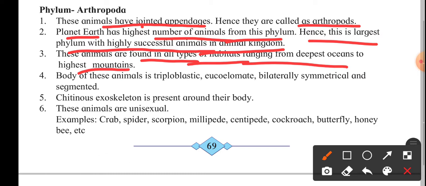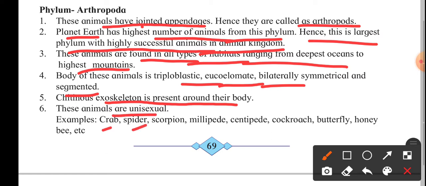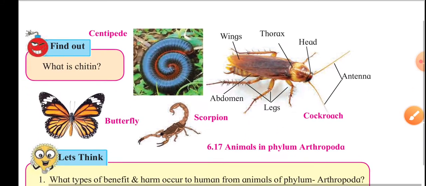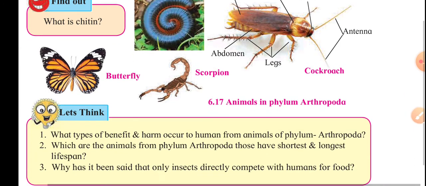The body of these animals is triploblastic, eucoelomate, bilaterally symmetrical, and segmented. A chitinous exoskeleton is present around their body. These animals are unisexual, like crab, spider, scorpion, millipede, centipede, cockroach, butterfly, honeybee, etc. So many are there. It is a huge list, one of the biggest phyla existing on earth. Here the examples and pictures are shown.